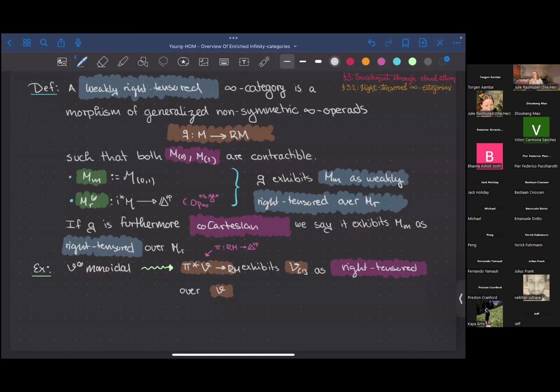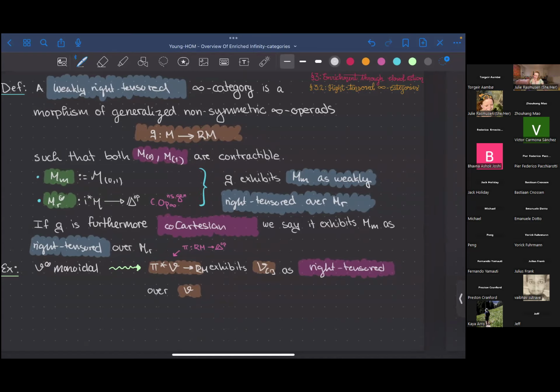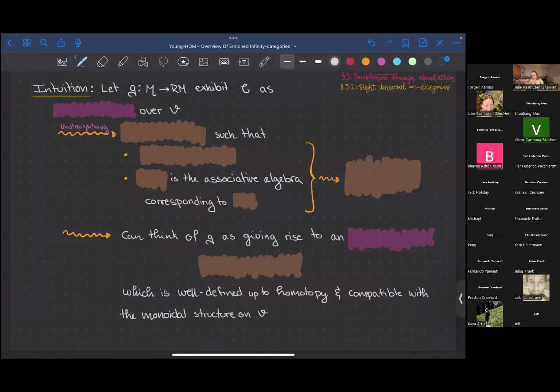We can use the tensor from the monoidal structure to also get that it's right tensored. So that is good.